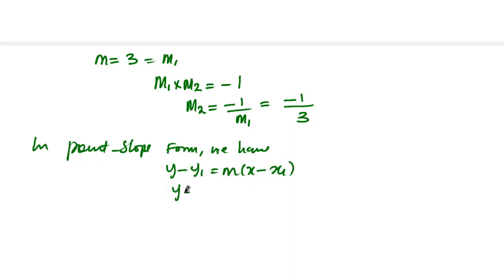So we have y minus 2, since y1 is 2, equals m, that is minus 1 over 3, into bracket x minus x1, that is 1. So this is the solution to the problem in point slope form.